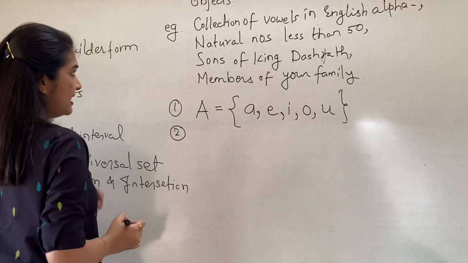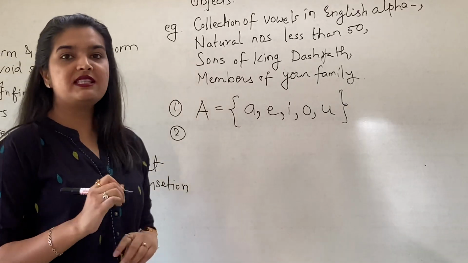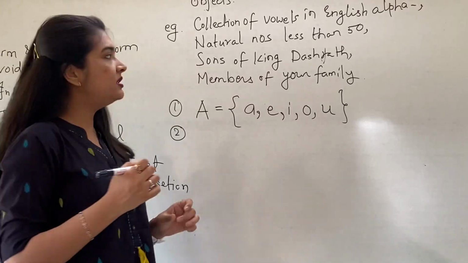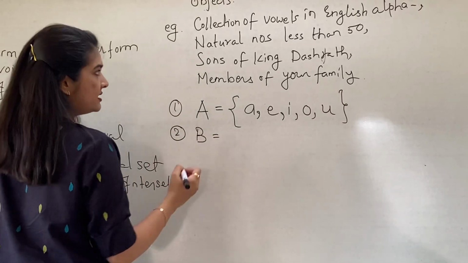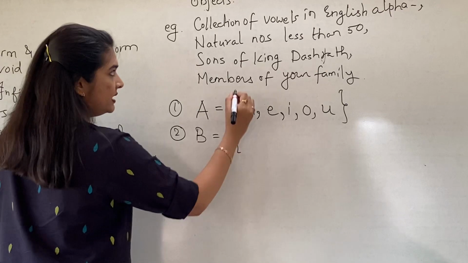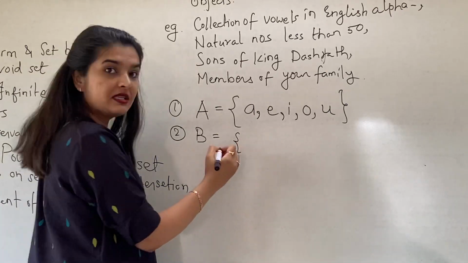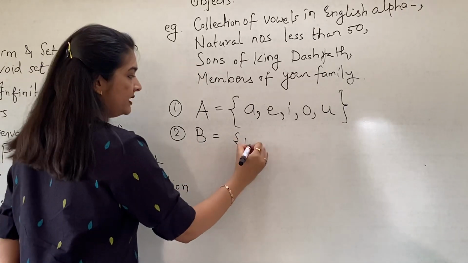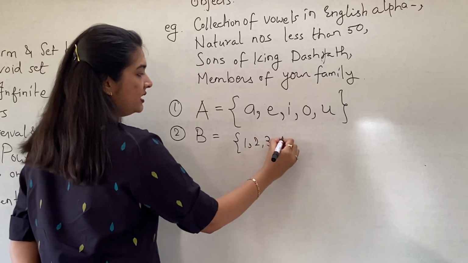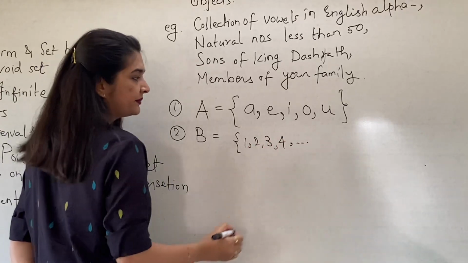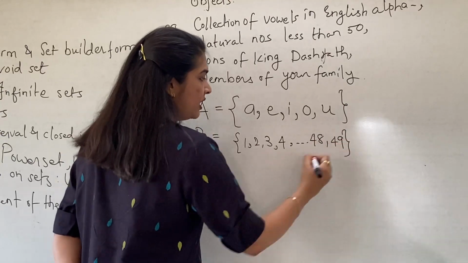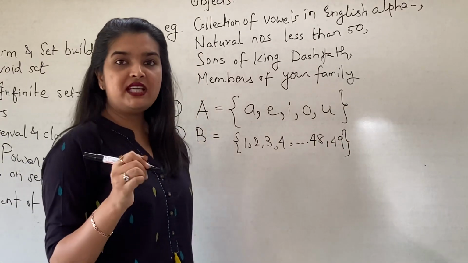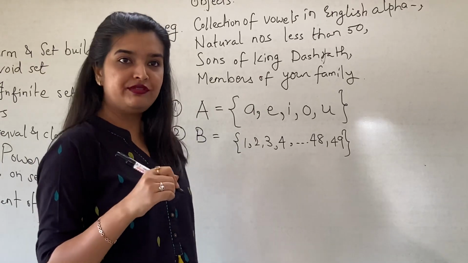Now the second example, natural numbers less than 50. Suppose I denote this set by B. So the set will be natural numbers less than 50 is 1, 2, 3, 4 up to 48 and 49. 50 will not be there as it is given that the number is strictly less than 50.